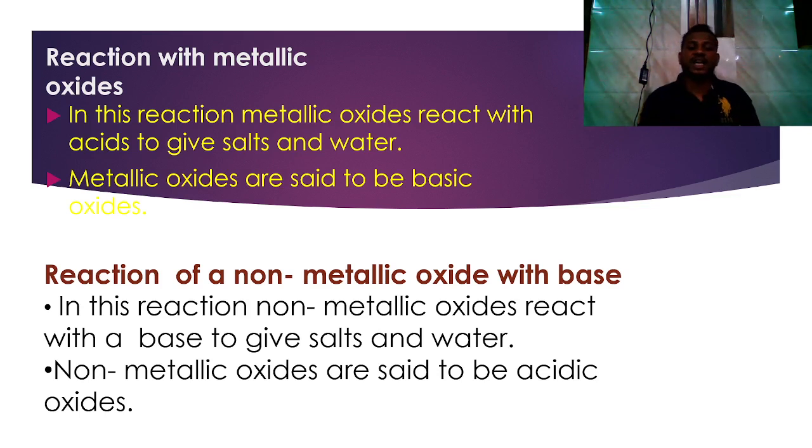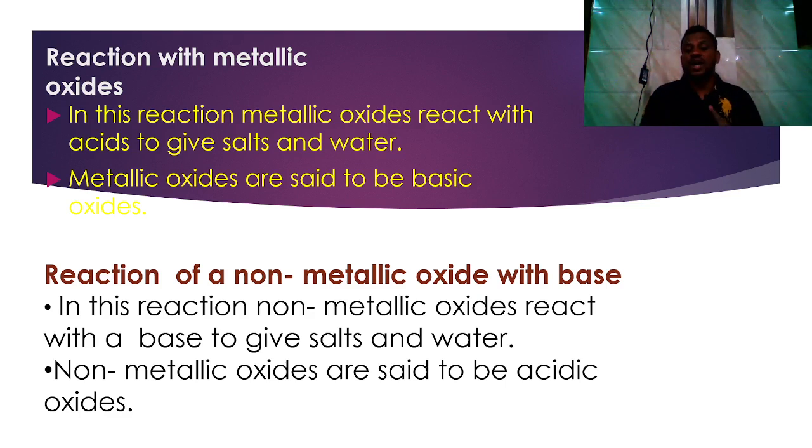When metallic oxide reacts with acid, they too give out salt and water. Then what is the difference here? Metallic oxides are said to be basic oxides. It means metallic oxides are basic oxides. Are you getting my point? In the reaction, metallic oxide reacts with acid to give out salt and water. Here metallic oxides are basic oxides.